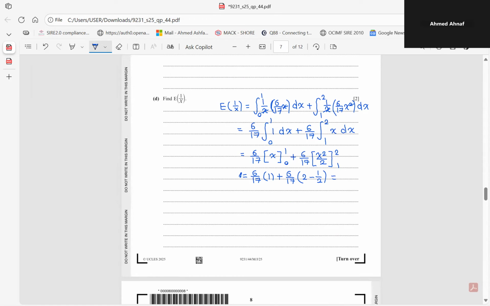You can just put all this into your calculator and get 15 over 17. Let me check if I've done anything wrong.